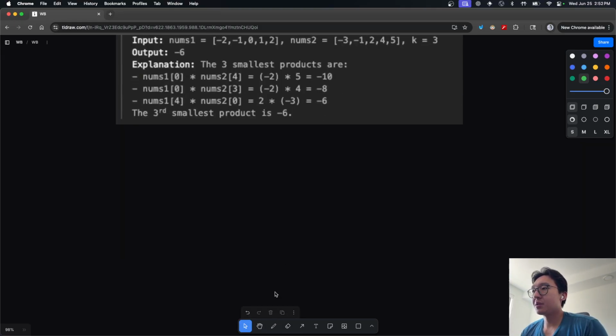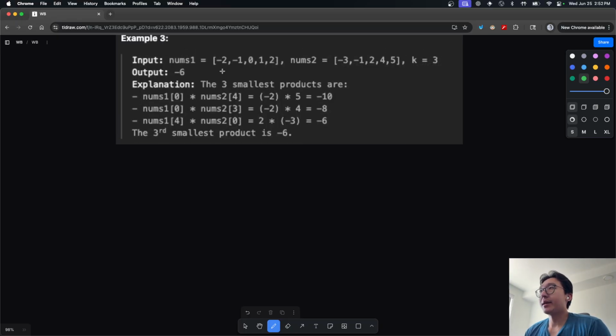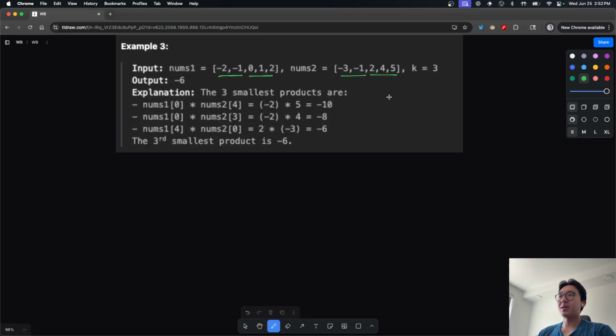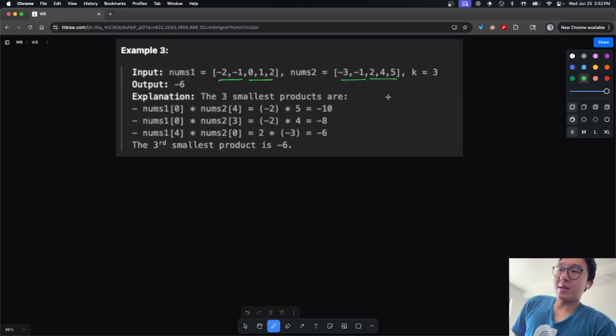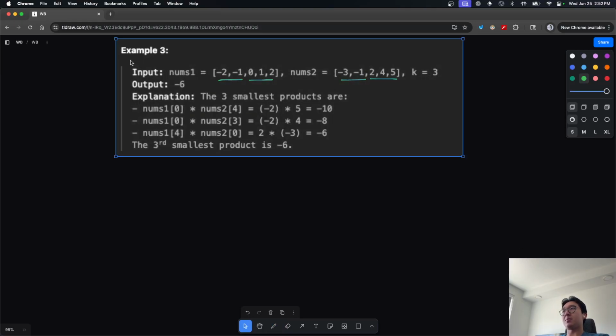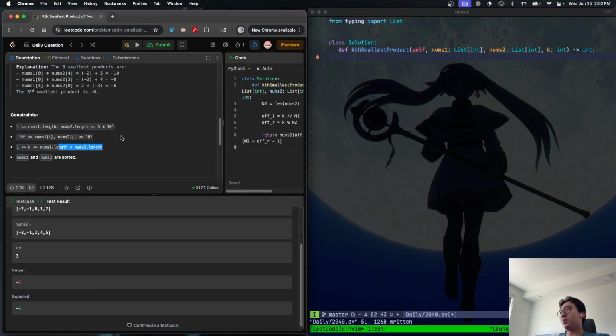Maybe we grab all the negative numbers, grab all the positive numbers, and multiply those. I was thinking about sorting them, but that's going to be super inefficient. So this one I have zero idea how to approach. I'm going to look at least at some hints and see where it can go from there.